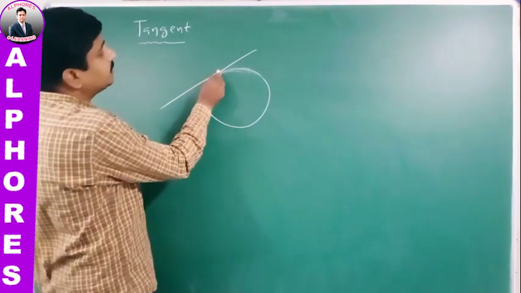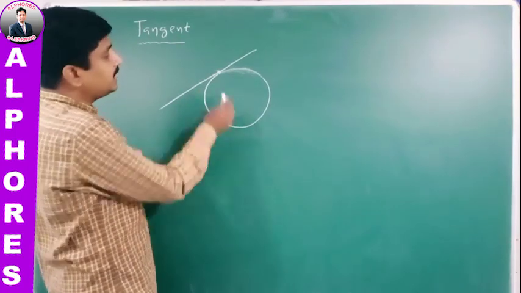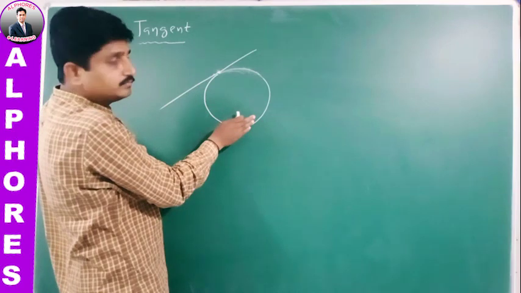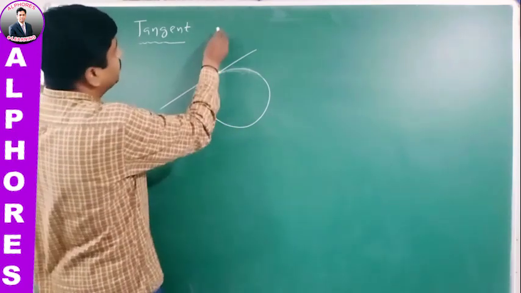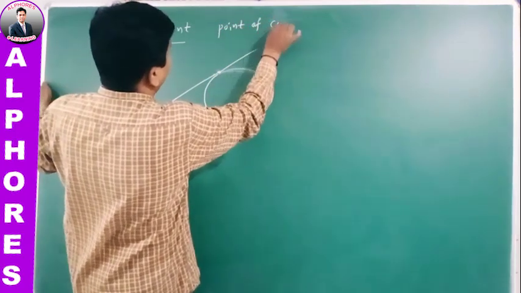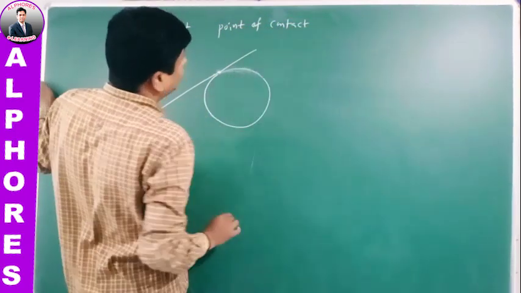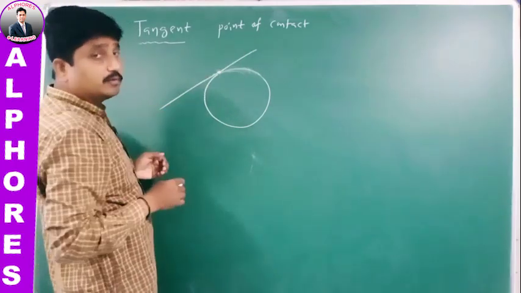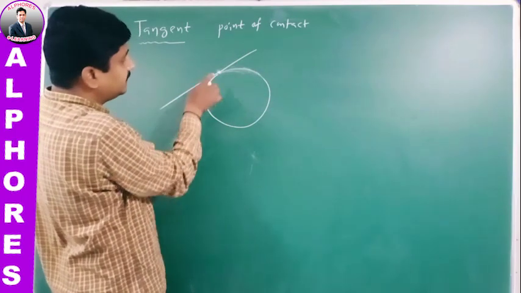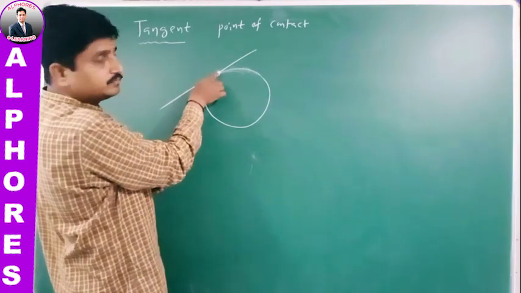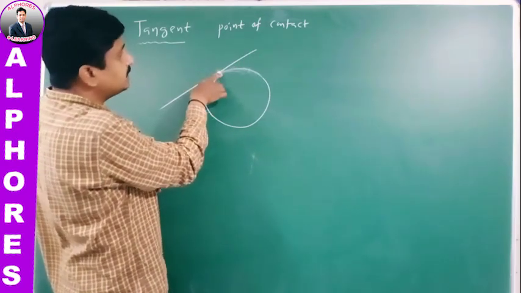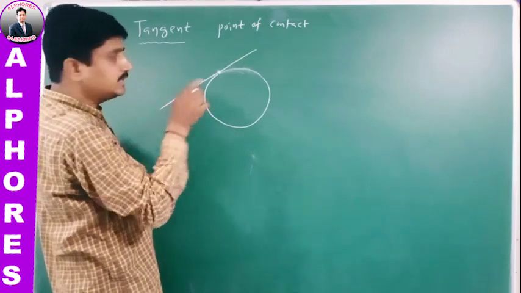The point where this line touches this circle is called the point of contact of the tangent.